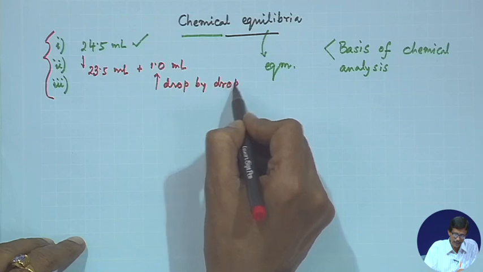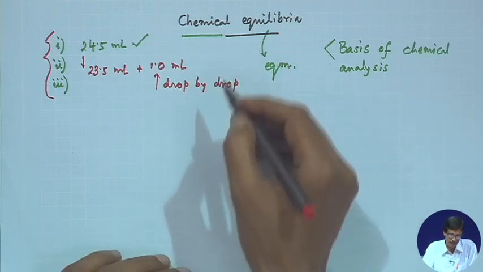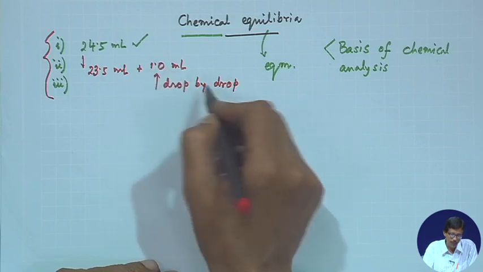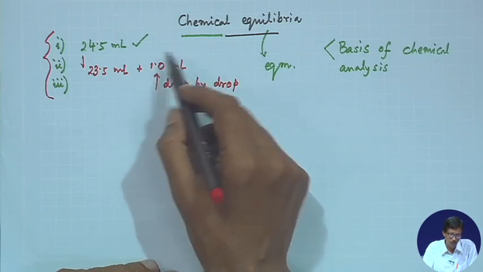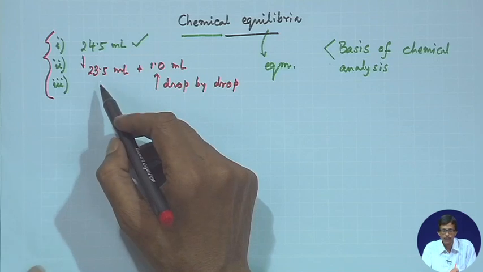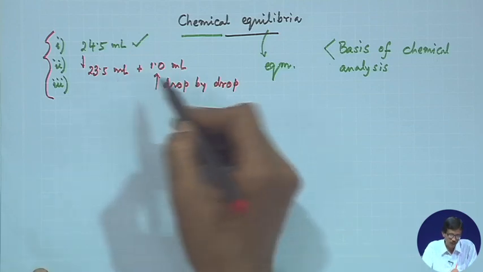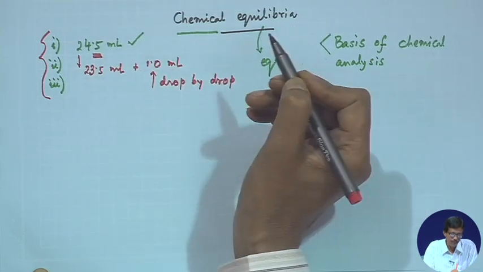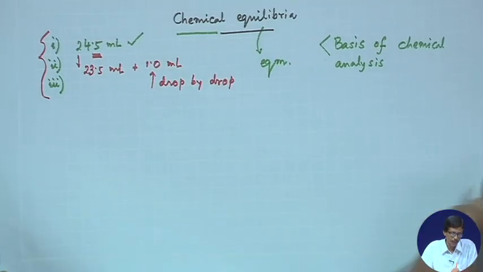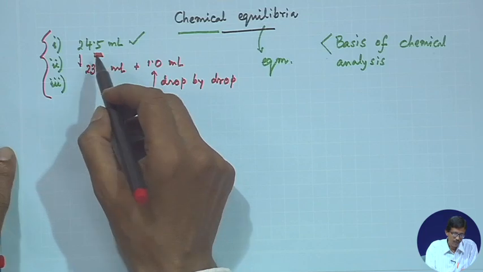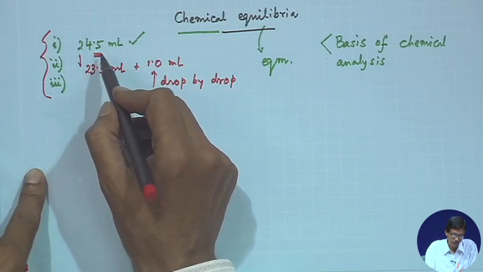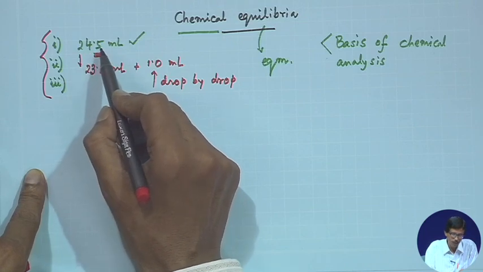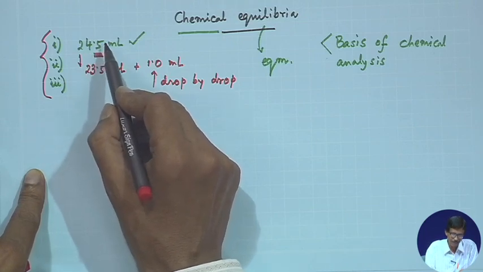So, that is written in the PowerPoint slide basically: drop by drop endpoint addition of this extra 1 ml volume after the addition of 23.5 milliliter. What it means is that we should be very careful whether this 24.5 milliliter of the first titration volume is the accurate one. If it is not, the second endpoint might come at 24.4 or 24.6.